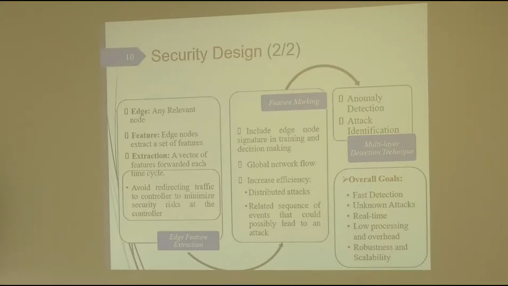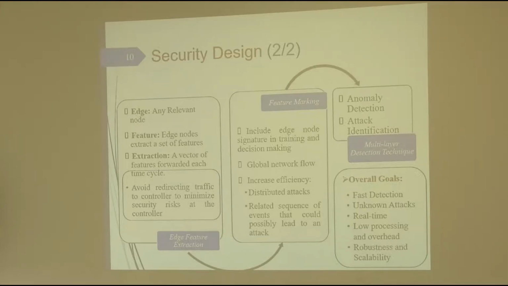These edge nodes would extract relevant features from real-time traffic and combine them in a single vector, which is uploaded each time cycle to the controller. The controller will then process these features according to a certain AI technique in order to come out with the decision. Followed by feature extraction is feature marking.